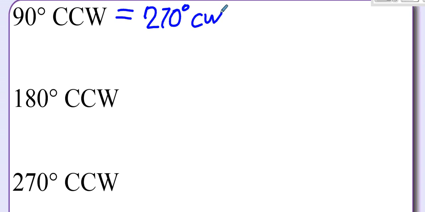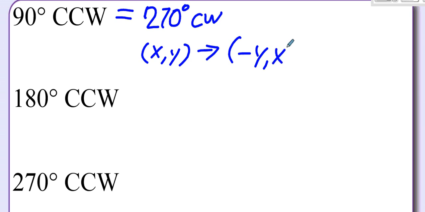You think about that, 90 degrees is like a quarter turn. If you went the other way, 3/4 turn, it's the same thing. It's like 3 lefts is the same as a right. And that rule is XY goes to negative Y, X.